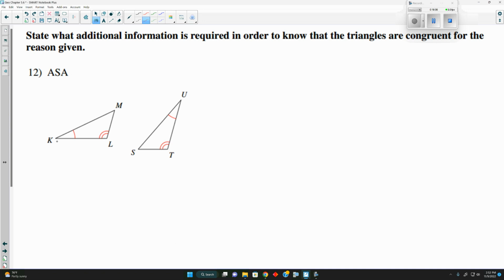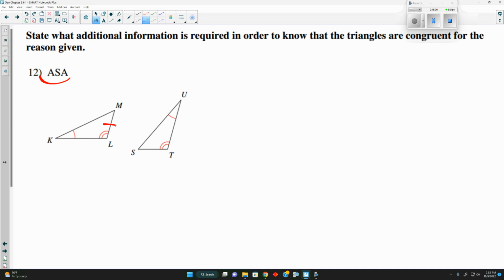Angle side angle. So for this here, we would say ML and ST, yes? Side ML and ST would be congruent? So what are we looking at? Angle side angle, yes?